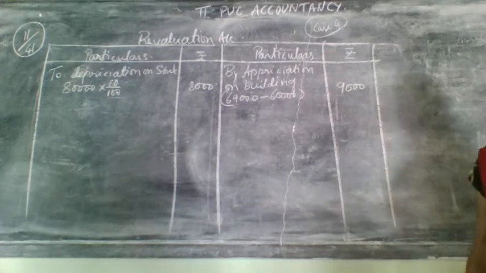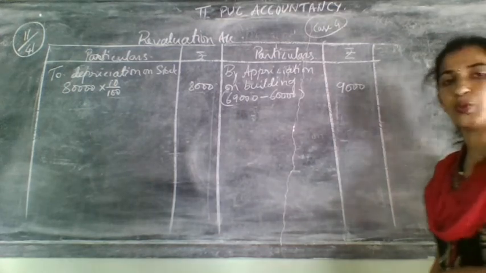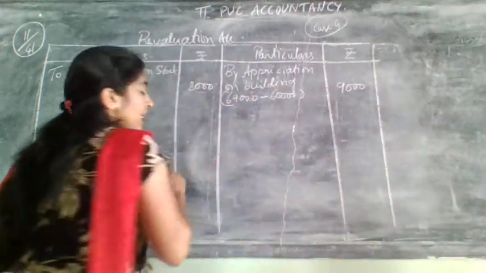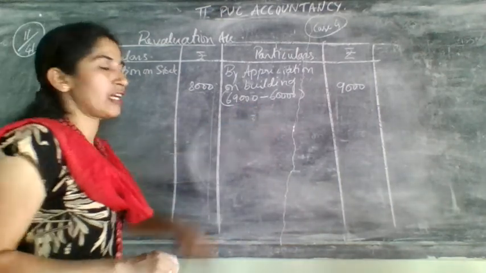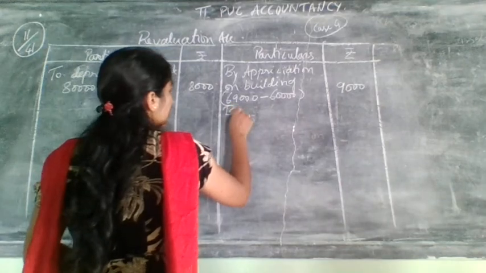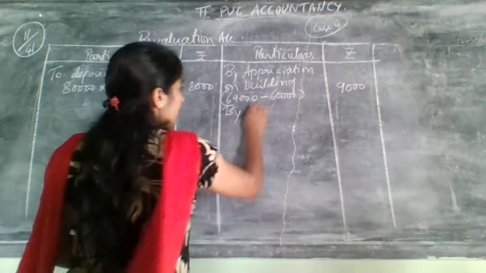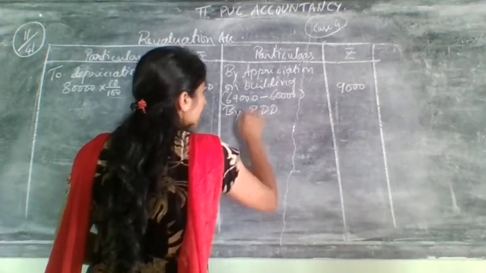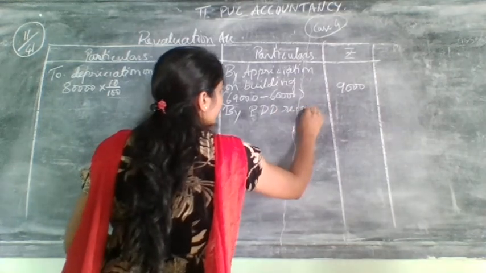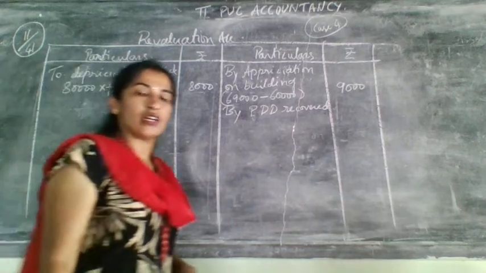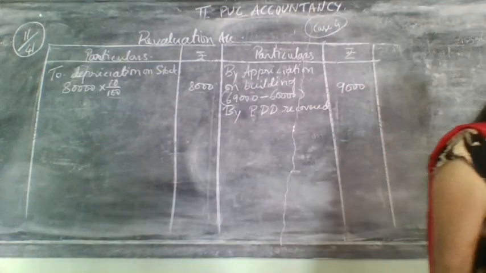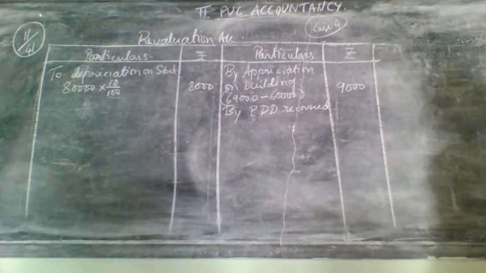It was reduced, decreased by now 2,000. So bad debt recovered or PDD recovered will come on the credit side of the revaluation account. That's why we write here by PDD recovered. When they give decreased by, no worries at all.